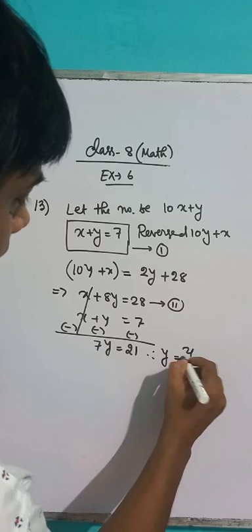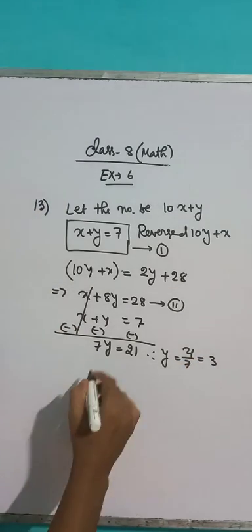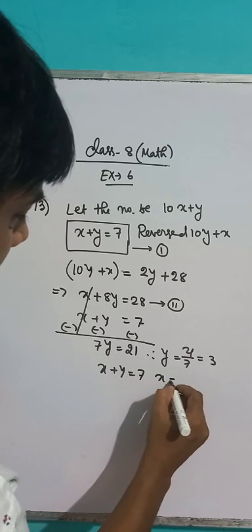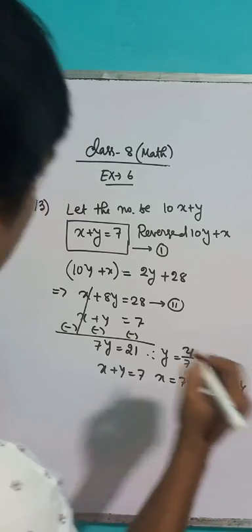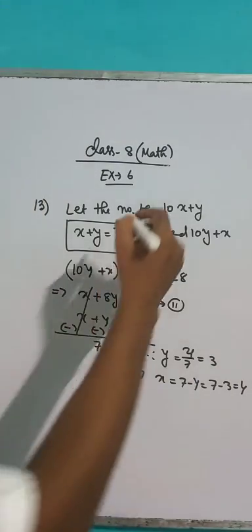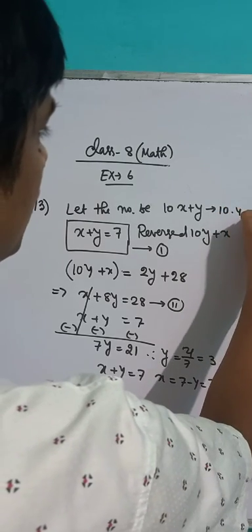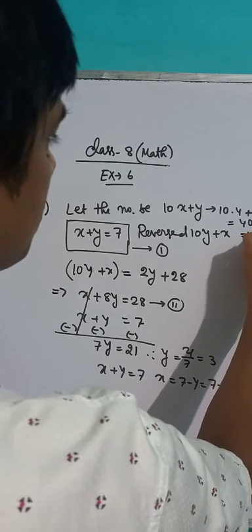Y is equal to 21 by 7, which is 3. Now place it here. Now what is the x value? 7 minus y, that is 7 minus 3, that is 4. So the number will be 10 into x value 4, plus y value 3. So your answer will be 40 plus 3, that is 43.